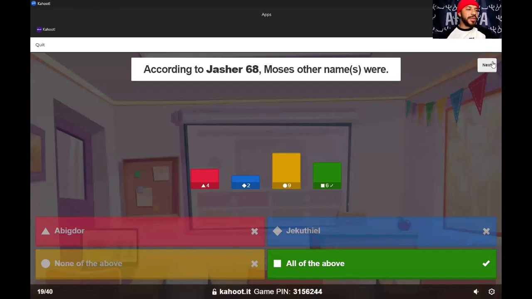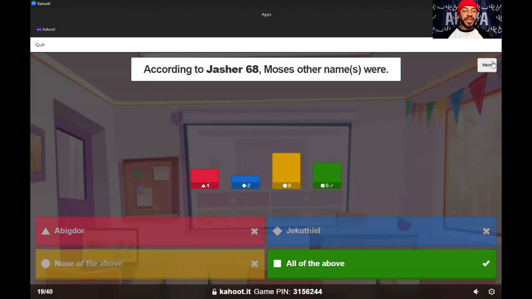Let me see. The book of Jasher 68, Moses had many names. At the end of Jasher 68, yes, we see verse 26 through the end of the chapter in Jasher 68.